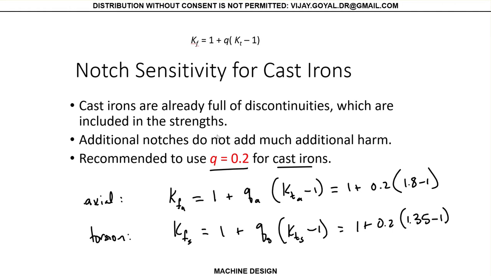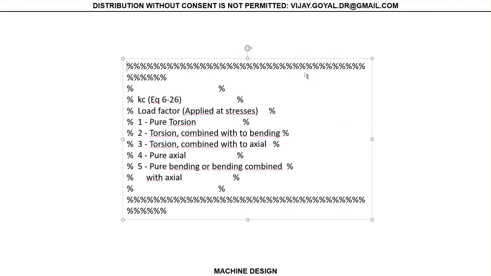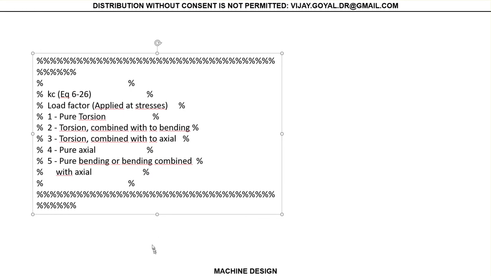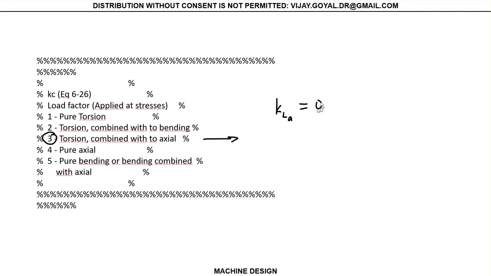Okay, so the next thing I need to know is the load factors. And if you go to the notes I gave you, you had several cases, okay? And your Matlab code actually calculates this for you very nicely. And the option that we are doing is option number 3, torsion combined with axial. Okay, for this particular case, your KL for axial is 0.85.